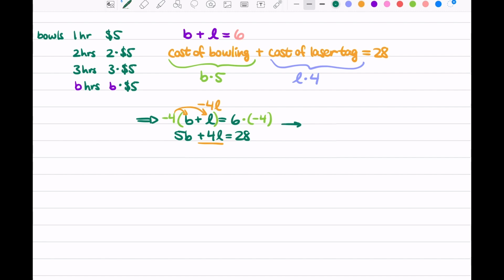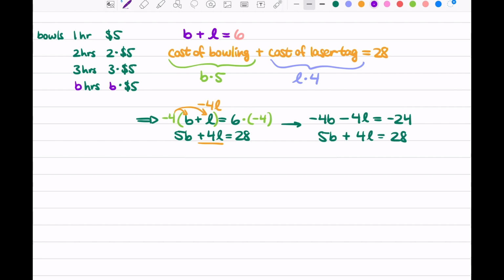So let's clean that up. On the left side, distributing that negative 4, we'll have negative 4B plus negative 4L, or just minus 4L, equals 6 times negative 4, which is negative 24. And we can keep our second equation the same.